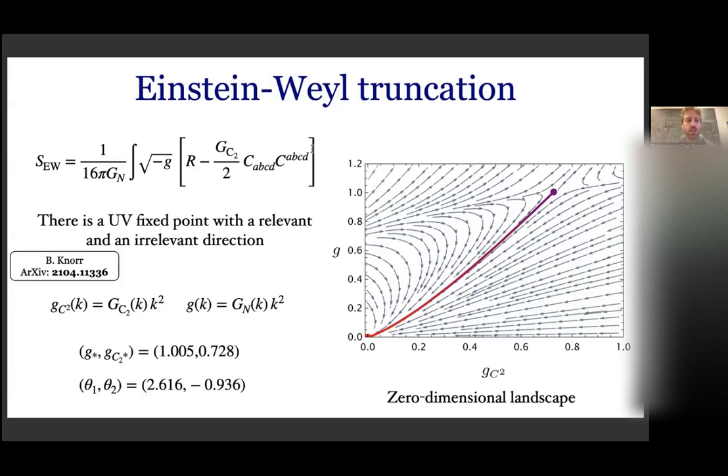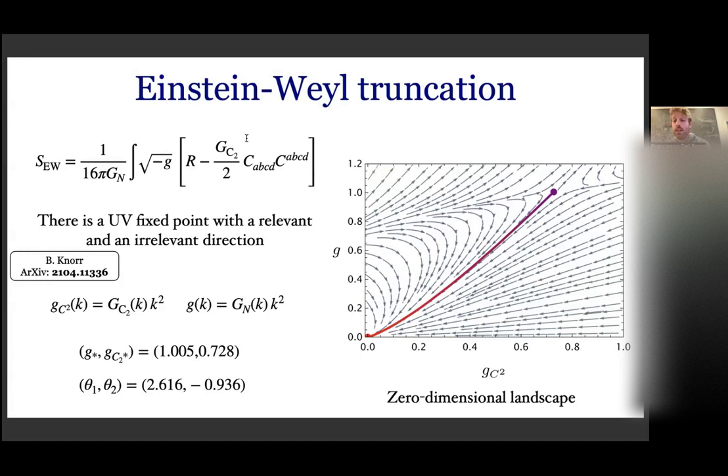Actually, there is this paper here by Benjamin Knorr, which is more general because it takes into account the full quadratic gravity case. So we just took the beta function given in this paper, and we reanalyzed the flow in the subspace in which the R² term is put to 0. So we basically just keep the term that interests us.